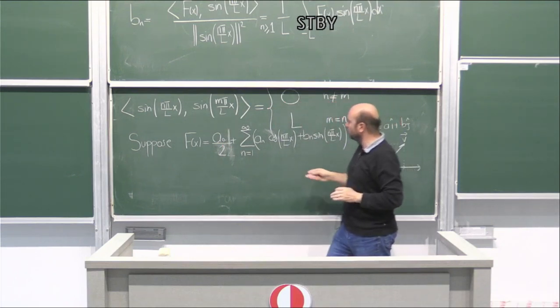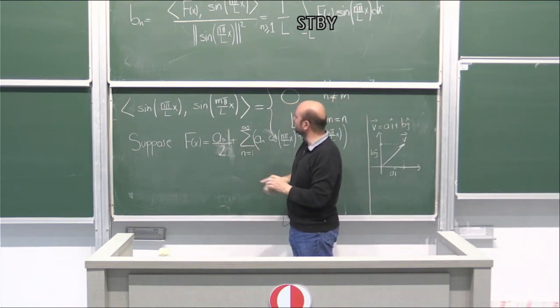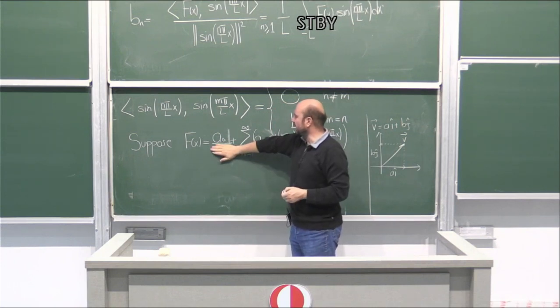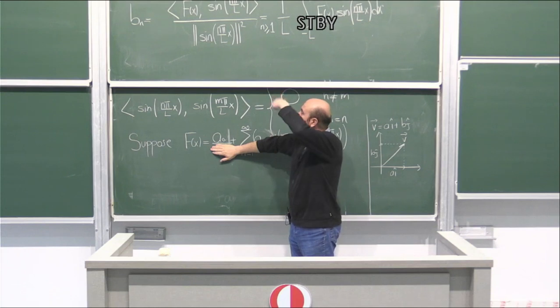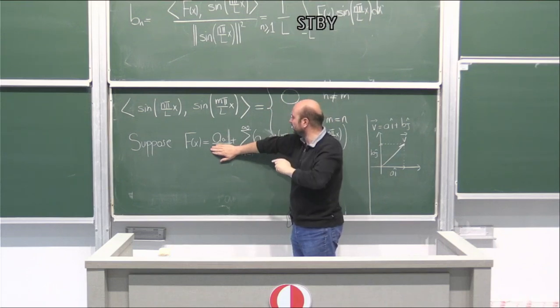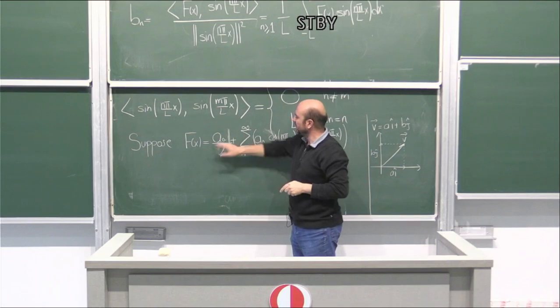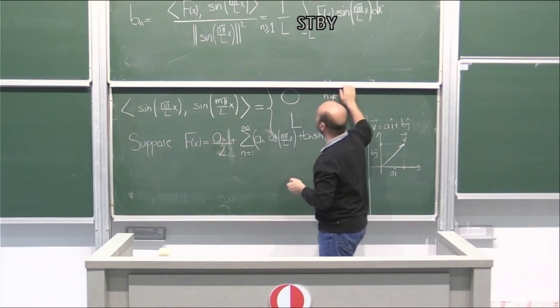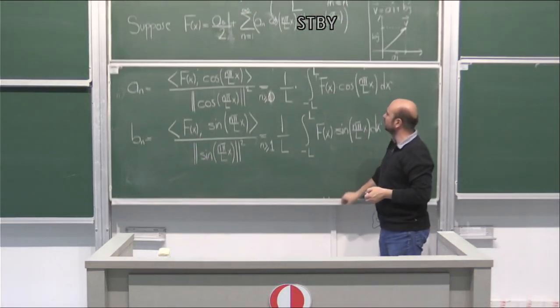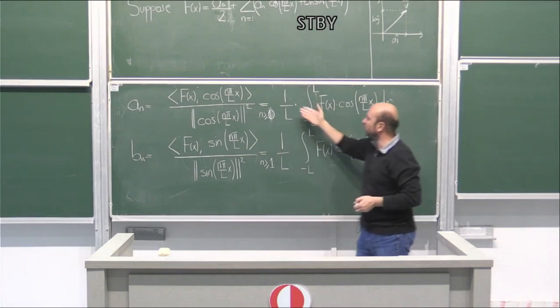Because if you are not going to use this, like the other books, they write a0 here, then for a0 you have to use the 1 over 2L formula, not the 1 over L formula. But if you want to use the same formula for all cosines, like the book does, I'm writing a0 over 2, and we use this formula for all of them.